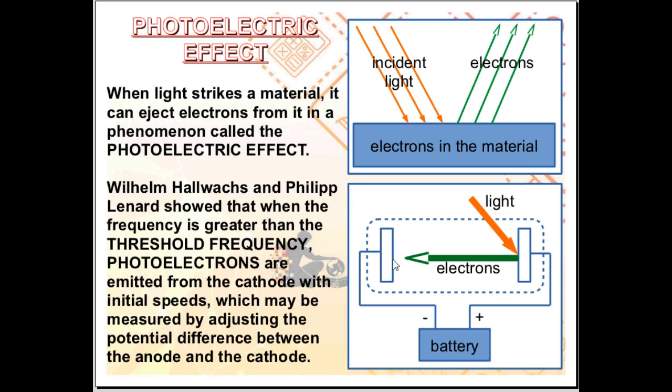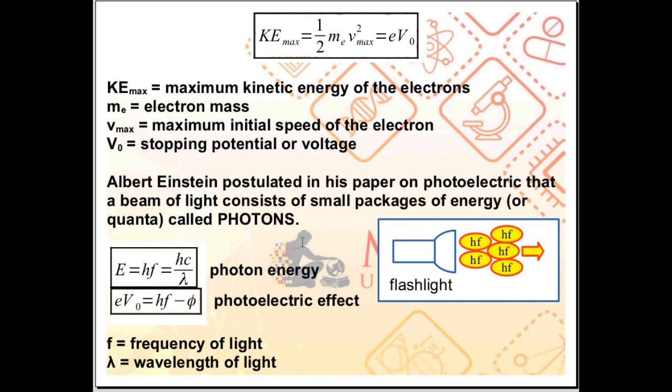There will no longer be a current flowing in the circuit. That value of the potential is basically V naught, referred to as the stopping potential or stopping voltage. 1/2 m v squared is equal to eV naught.